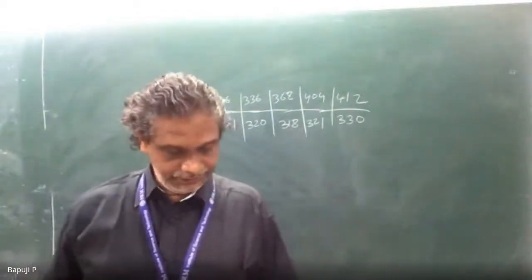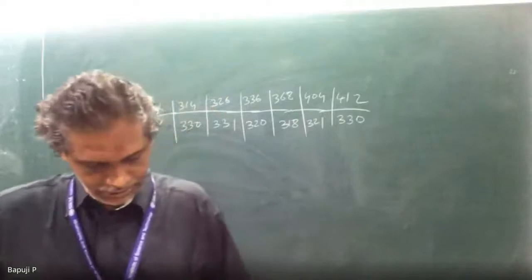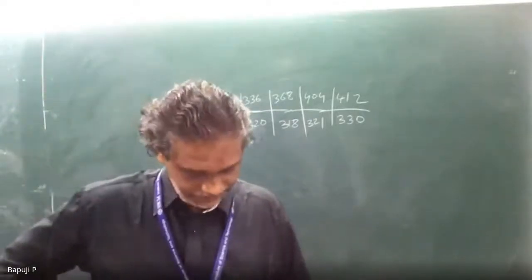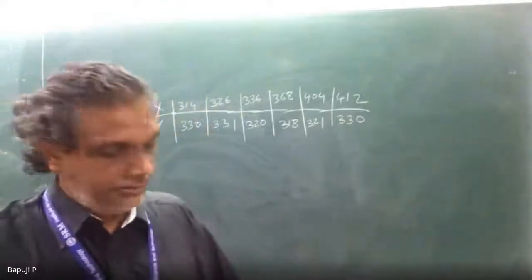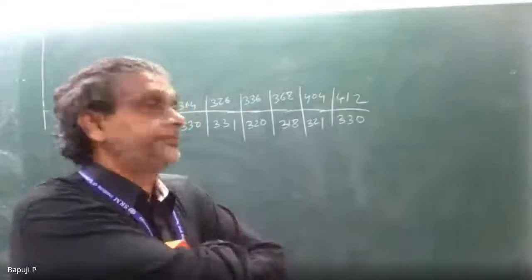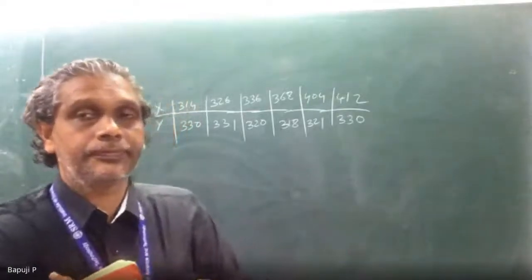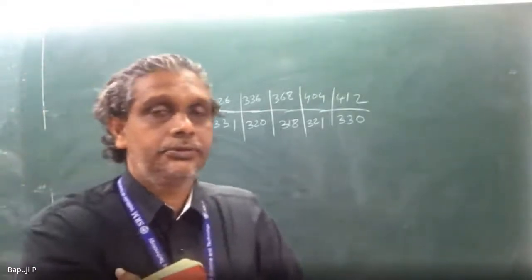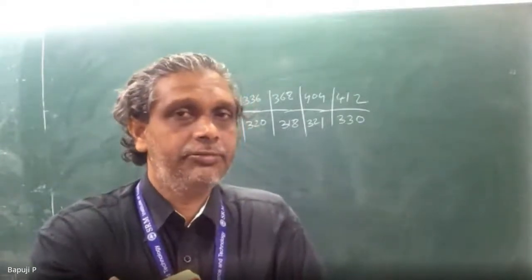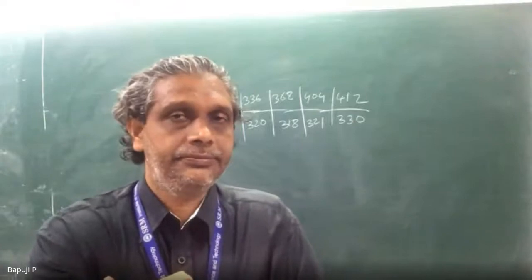Now what will we do? Which has the more variability? I need sigma x and x bar, for x and y. First find x bar. If they give raw data, how do you find x bar? Mean.